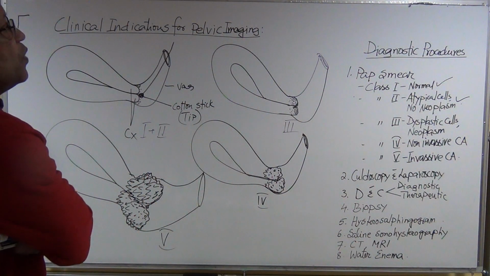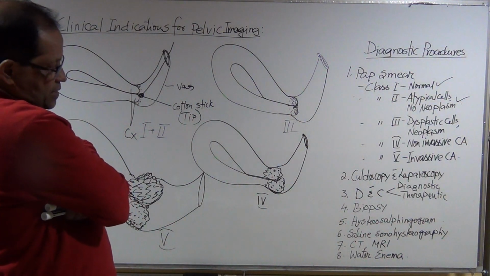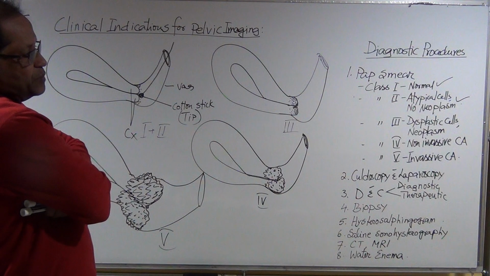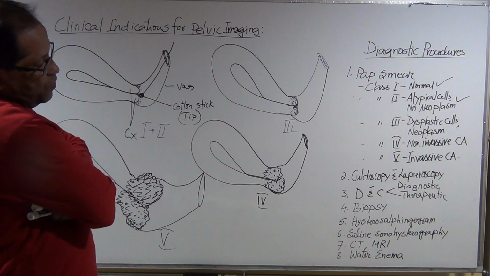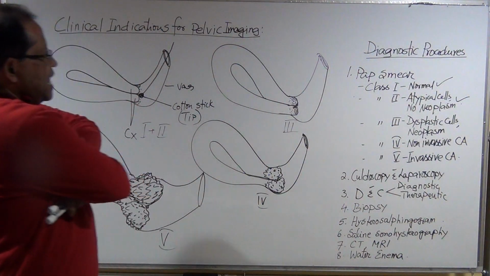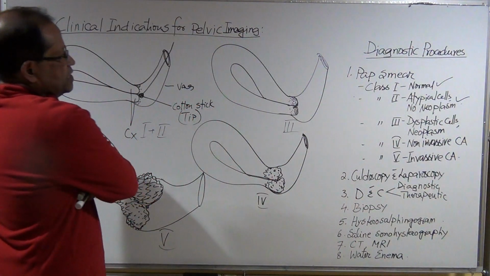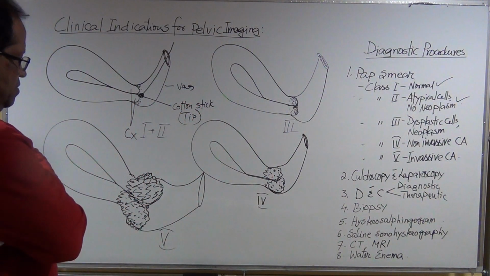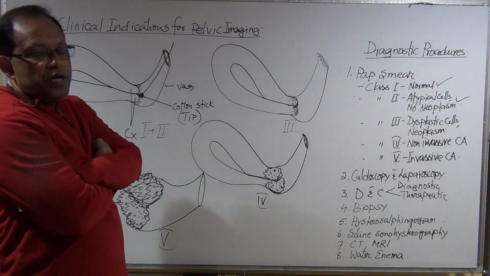So that's the way they will discuss the pap smear. When the pap smear is positive, most of the time they will follow up. With this type, they would like to do a radical uterine removal.